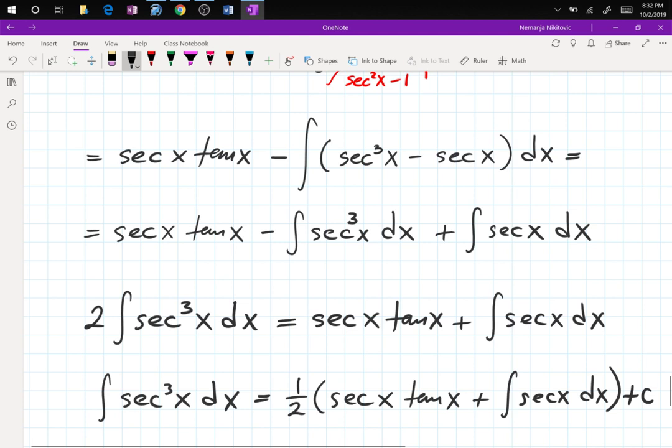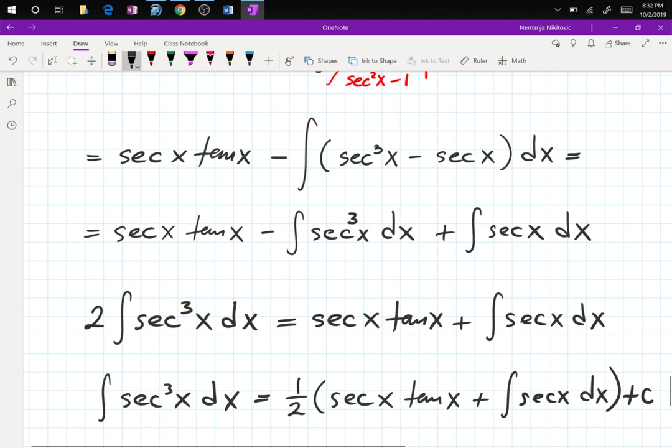And now you go, hold on, what's the integral of secant? Right? What's the integral of secant? Well, that's a whole new nightmare by its own, which we are going to do now. I know, right? We could have done integral of secant first and then integral of secant cubed, but you know what?